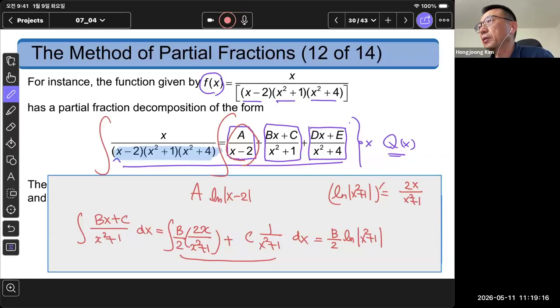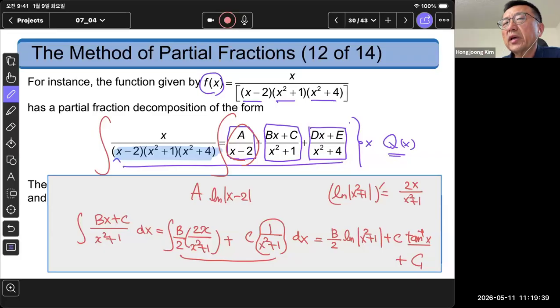Then what is the second term? What do I get if I integrate 1 over x squared plus 1? You get arctangent, right? Plus some constant from the integration. That's what you will get, right? And you get a similar result from the integration of the third term.